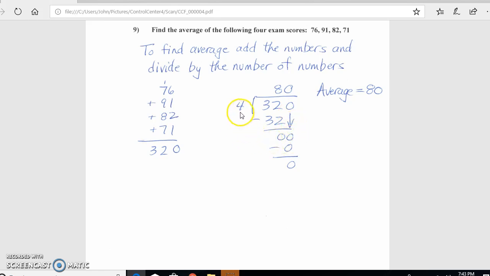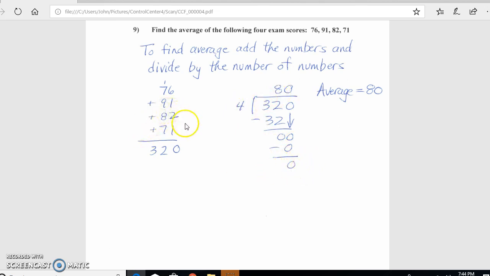And then I always have to divide by this number here, the divisor. 4 fits into 0 0 times, and I have to put that 0 up here on the line. And then I can do the last step, which is 0 times the 4 gives me 0, and I end up with 0 here as a remainder.